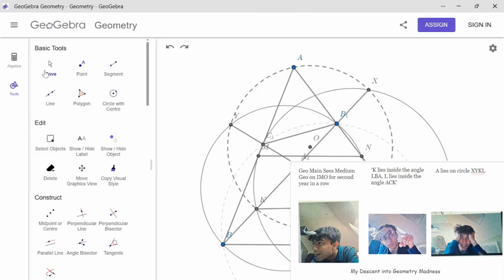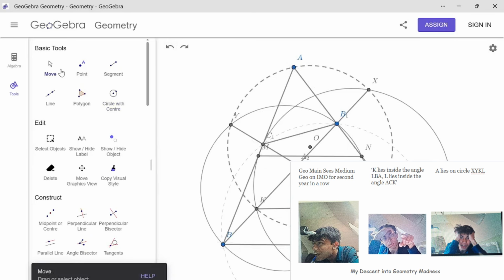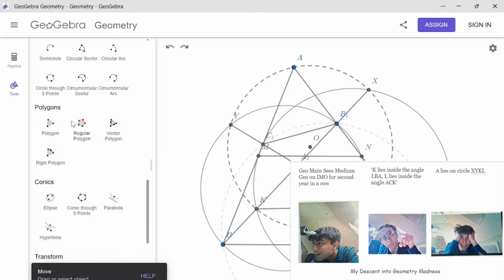A is not really there. The only things that involved A were the points, oh, I just deleted them. Fine, the points K prime and L prime.